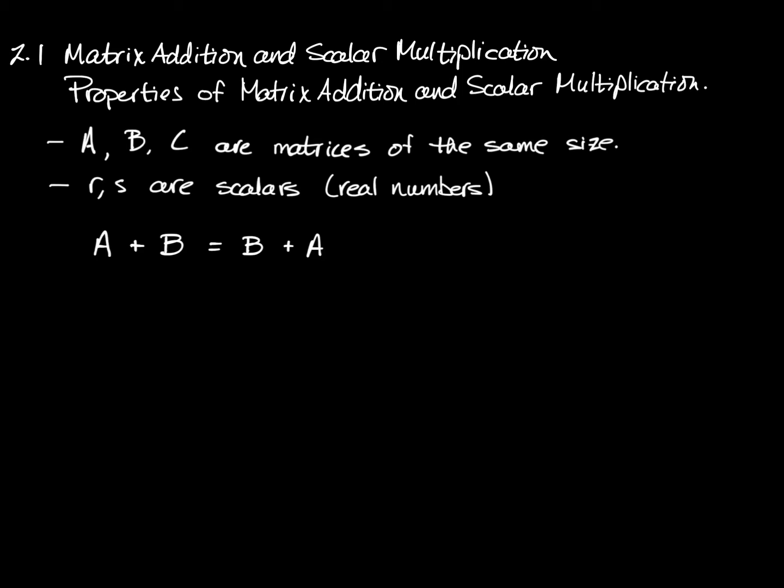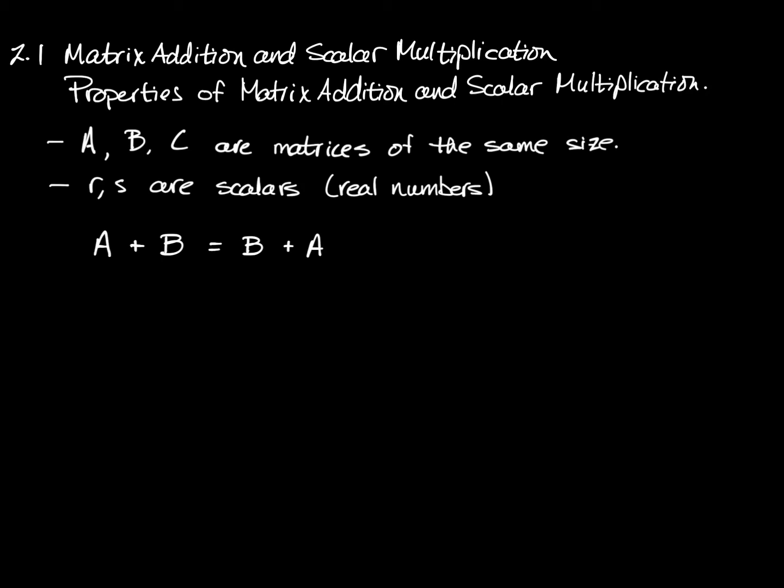So they have to be the same size, and that's accounted for in this restriction that we have up here. But then once you know they're the same size, you just add the entries from the same position in the two matrices together to get a new number for the same position in your new matrix.